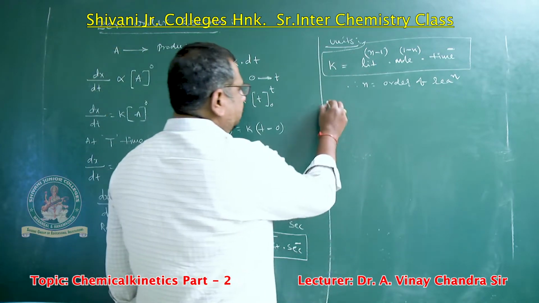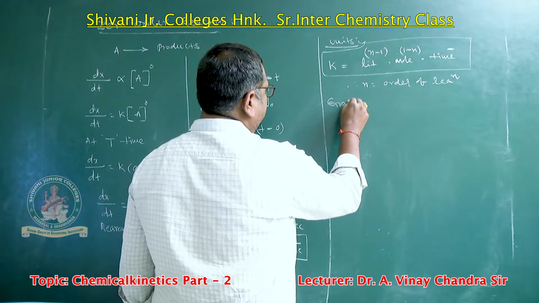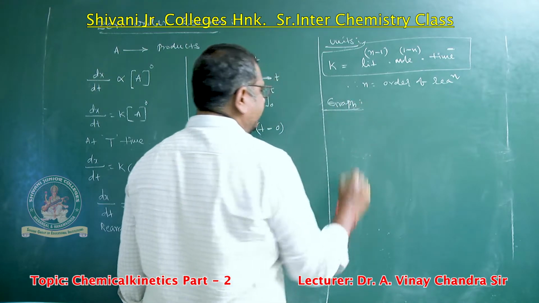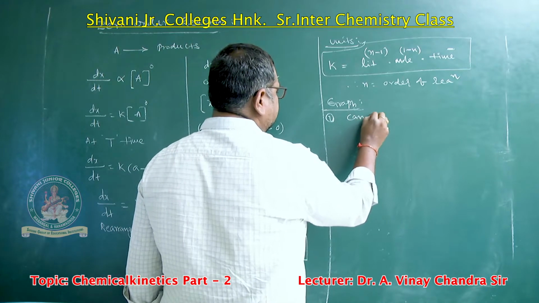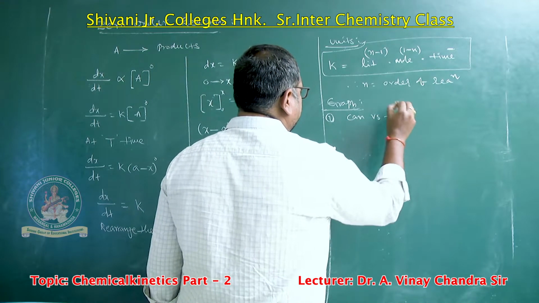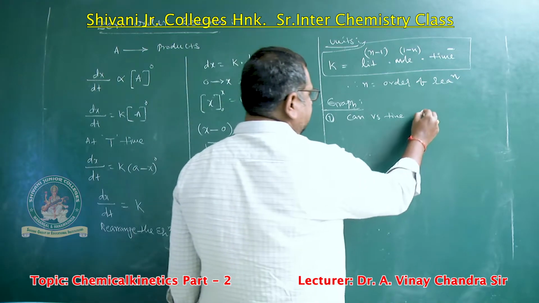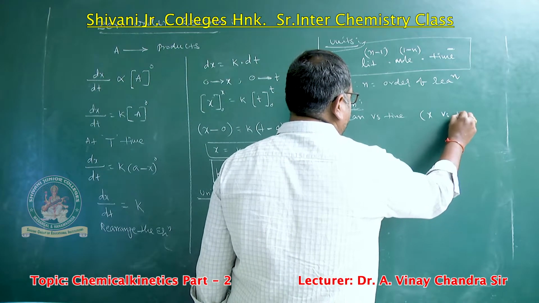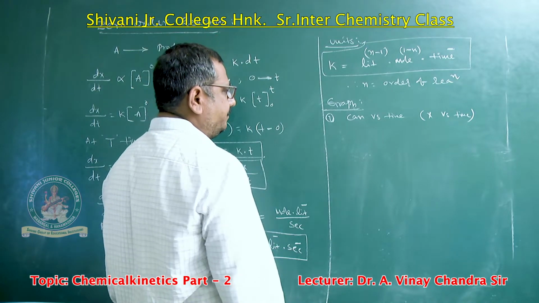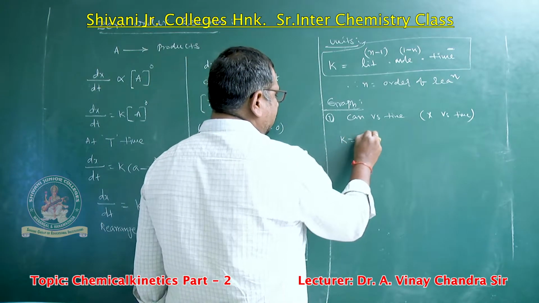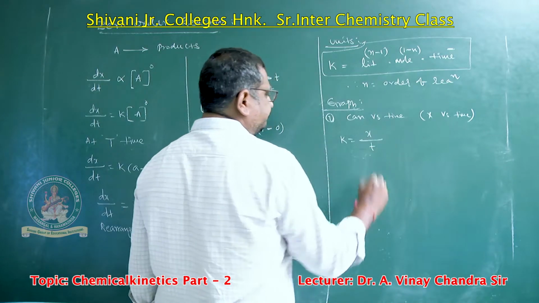Now coming to the graph for a zero order reaction. Here the graph is concentration versus time. According to concentration x versus time, k is equal to x by t.